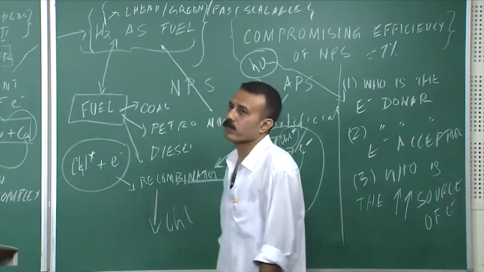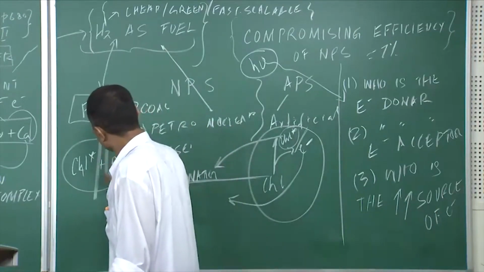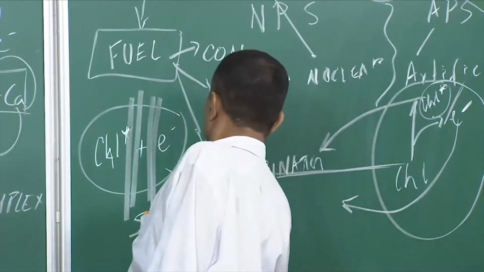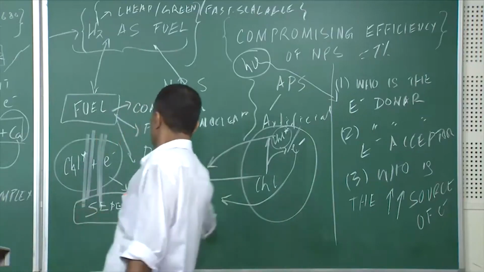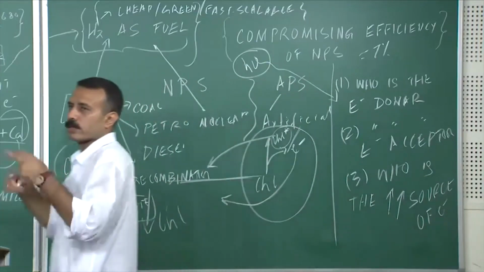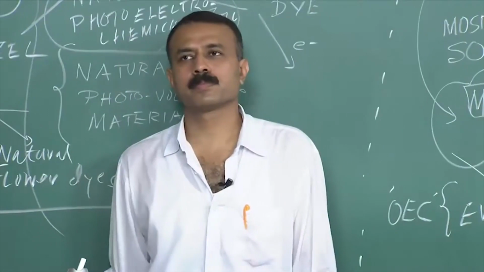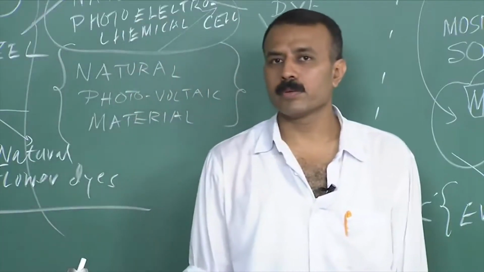So, there has to be a way by which you can separate the charges. You have to separate them, otherwise they will recombine. Okay. Then comes the catalytic process, which essentially is the splitting of water. Okay.